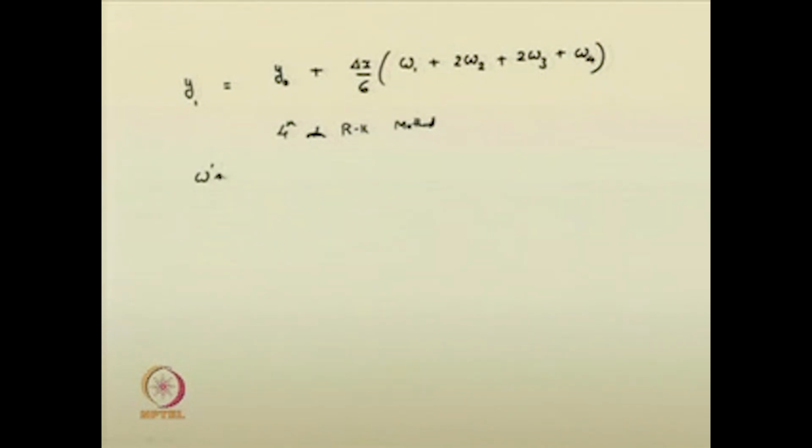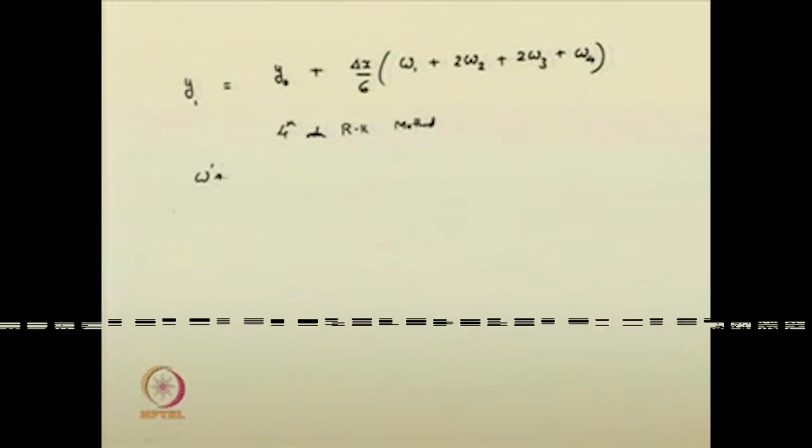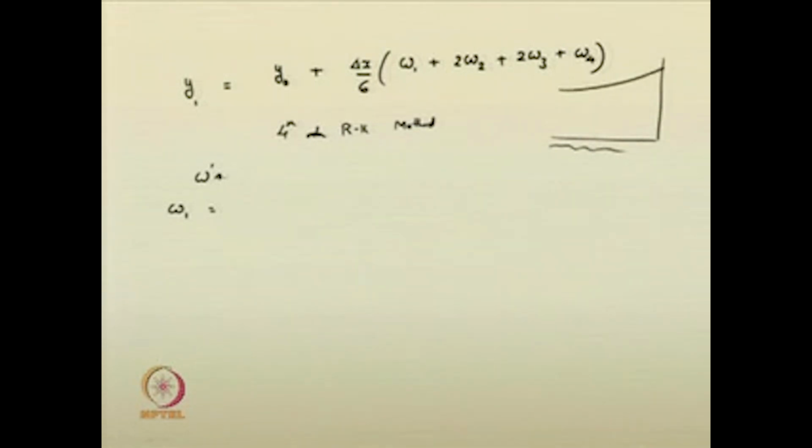So, how will you compute omegas? Omega 1 is nothing but, as this is a backwater curve, you have the depth here, and the depth of the flow is reducing to the normal depth.